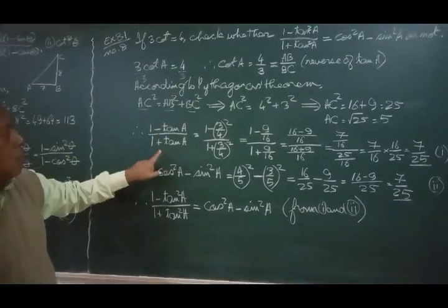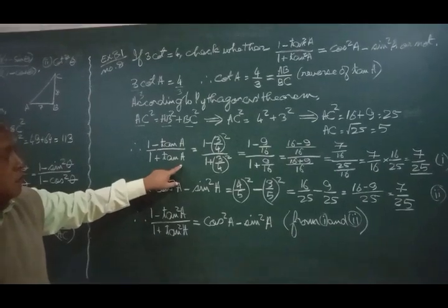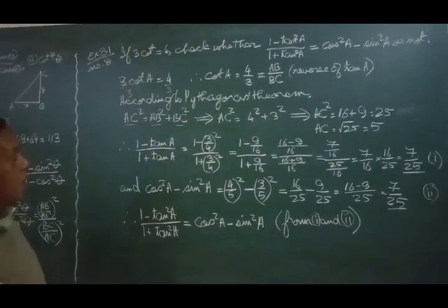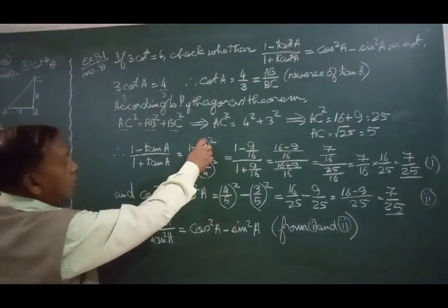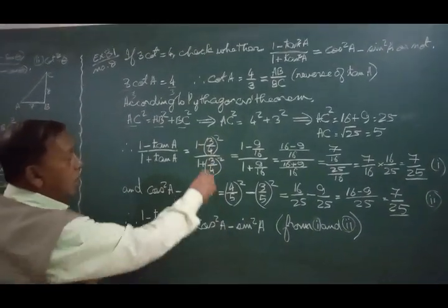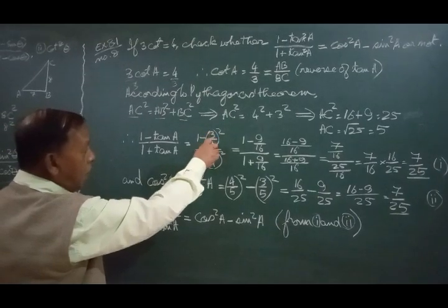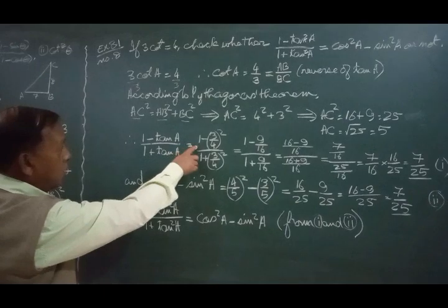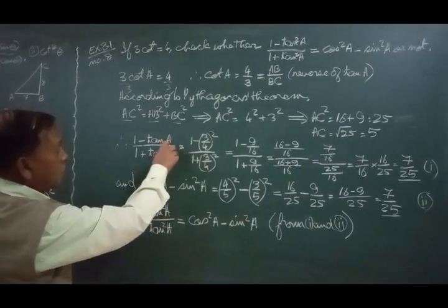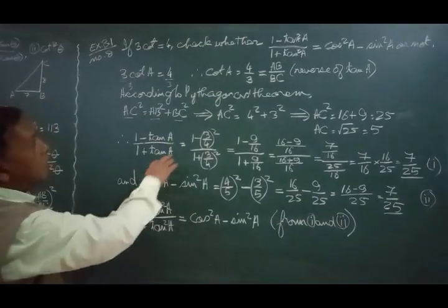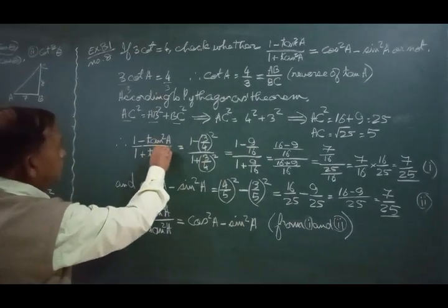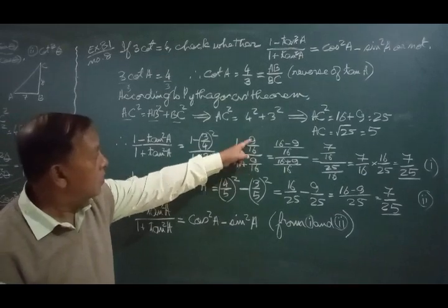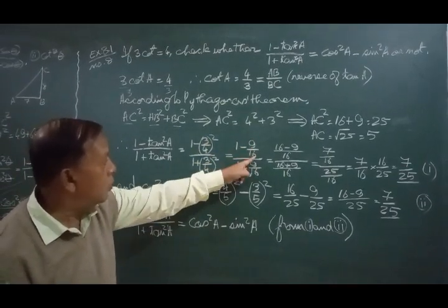Let us take the left side of the equation first. 1 minus tan squared A upon 1 plus tan squared A. Exactly, tan A we have here as BC upon AB. Again here is minus and here is plus. Here is tan squared A. Look at this. 1 minus 9 upon 16.